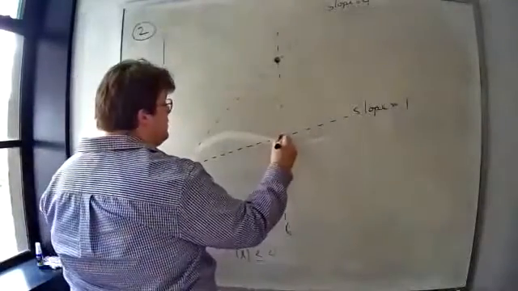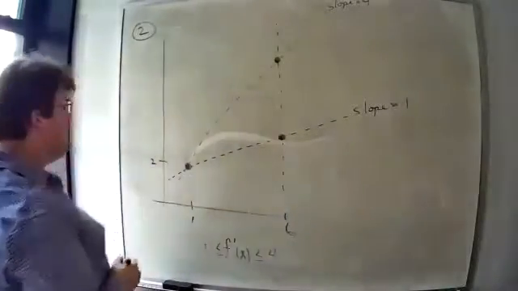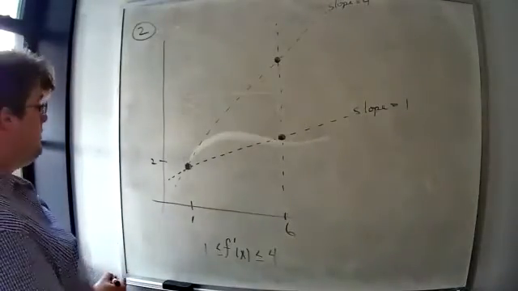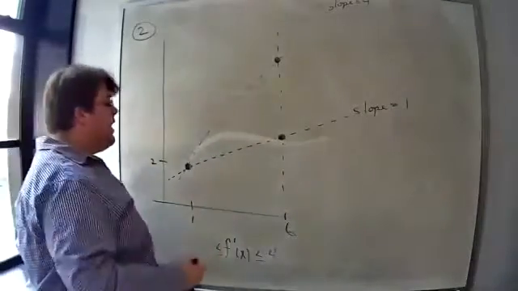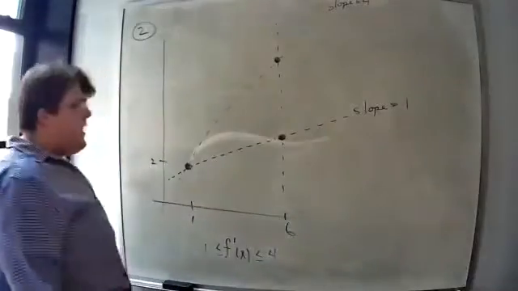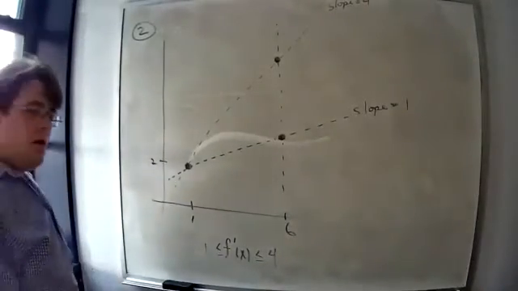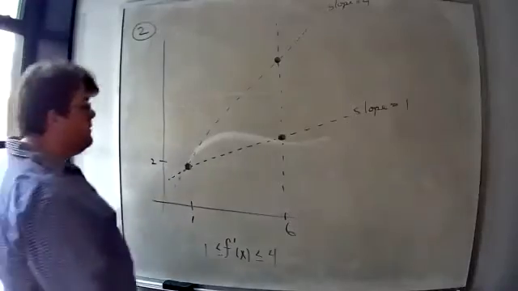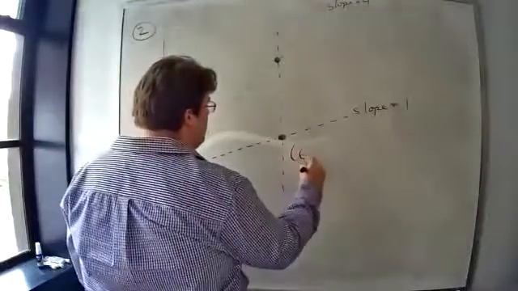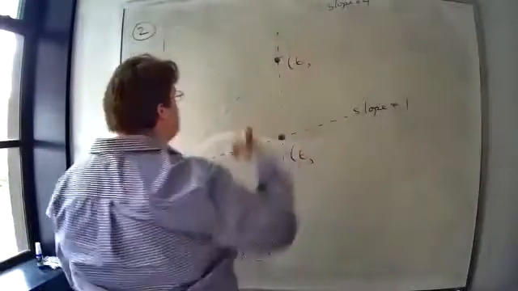The smallest the function can be is down here if the derivative is always equal to 1 inside that interval. So we need to find these y values. Now, any questions so far? We need these y values.